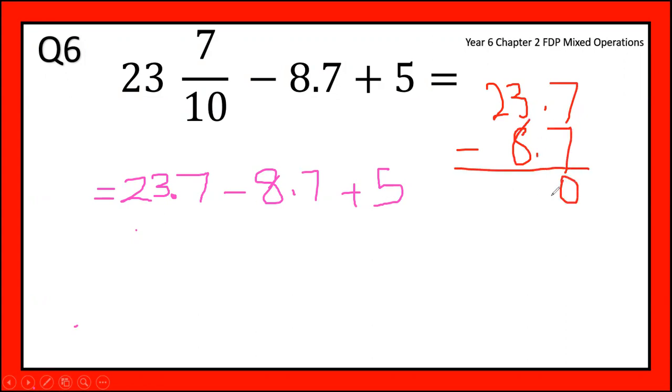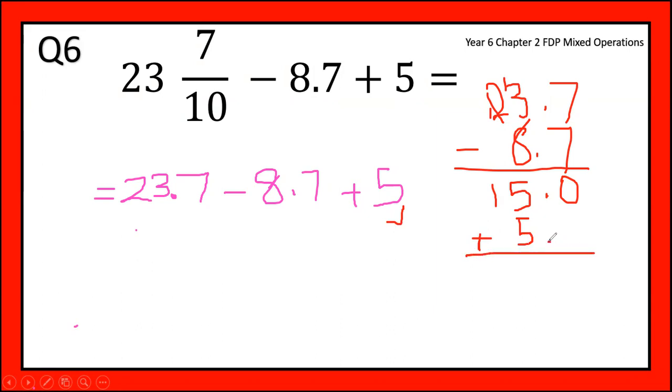7 minus 7 is 0. 23 minus 8, of course, is 15. If you don't know, just borrow, and then 13 minus 8 is 5, and then 1. Right? So 15. And don't forget, you can just continue. 15 plus 5. So 5 is in the ones house.